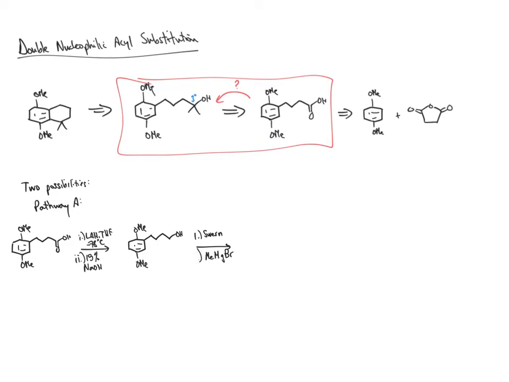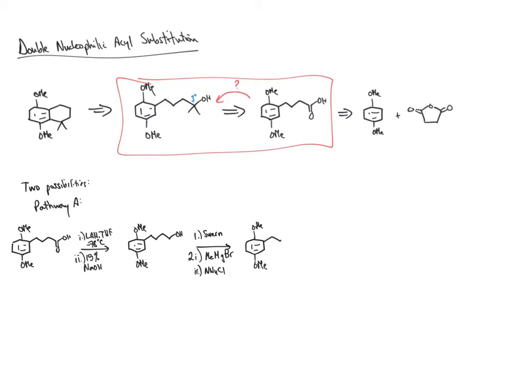The second step is going to be methyl magnesium bromide. The second stage of that is, of course, reacting with ammonium chloride. This would install into that molecule one of the two methyl groups.